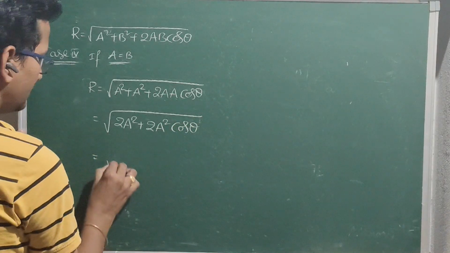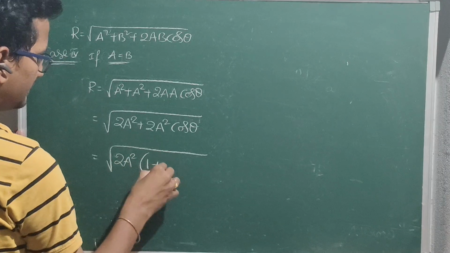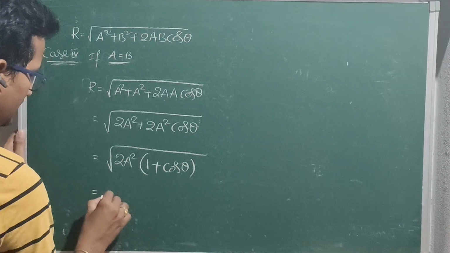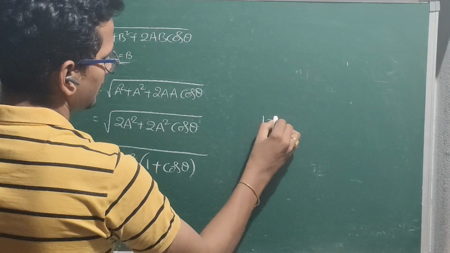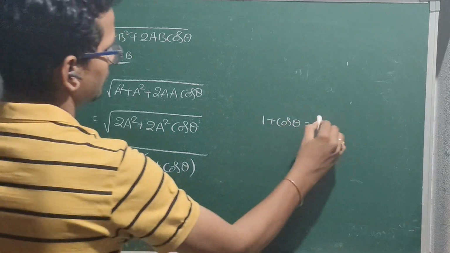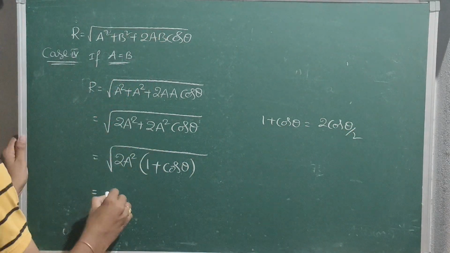We can write the square root of 2A square, taking common, 1 plus cos theta. We can write here 1 plus cos theta is equal to 2 cos square theta by 2.